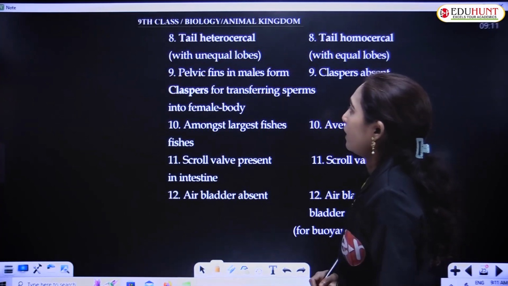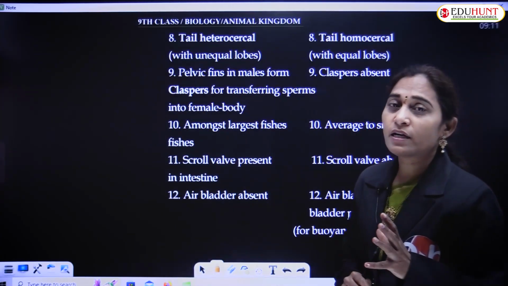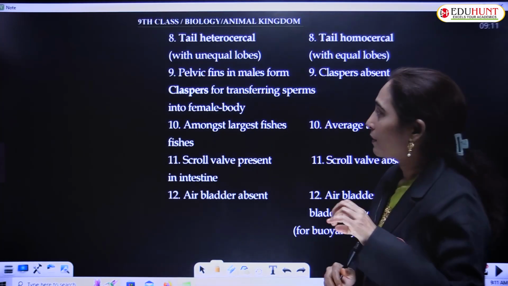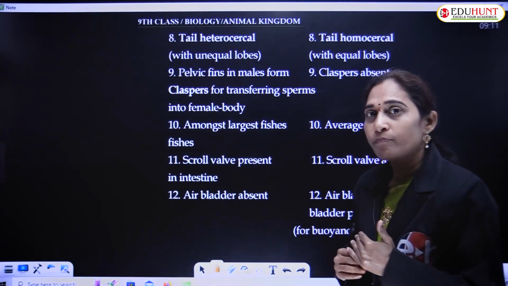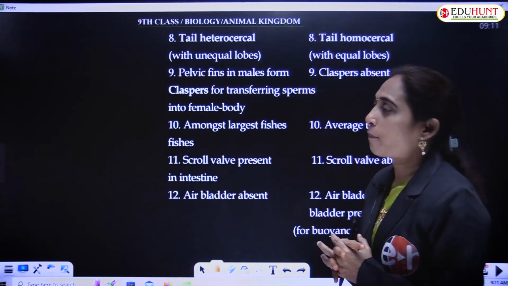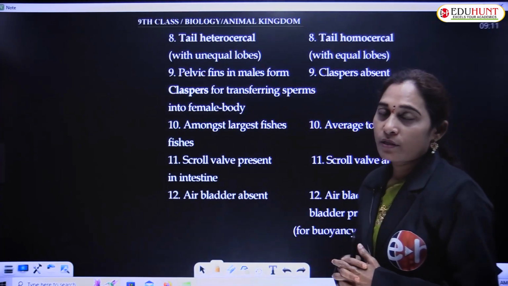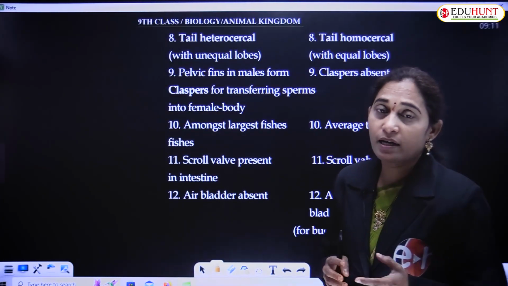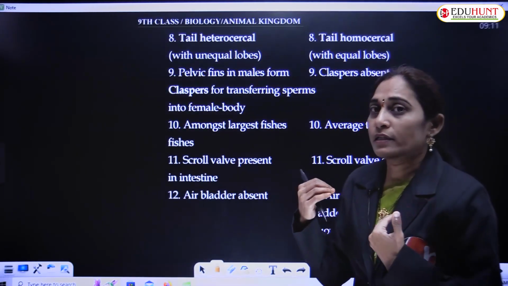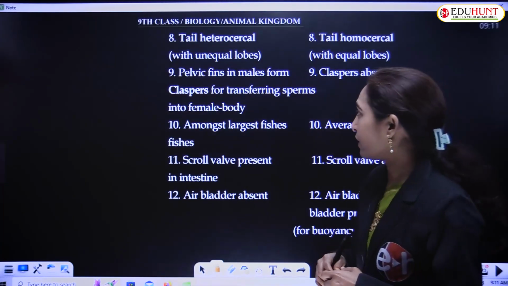Okay. Pelvic fins in the male form the claspers. Claspers help in transfer of sperm during copulation into the female body. So these are unisexual, male and female are different, and the claspers are a modification of the pelvic fins.